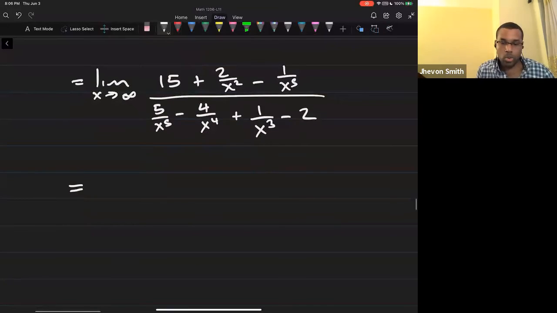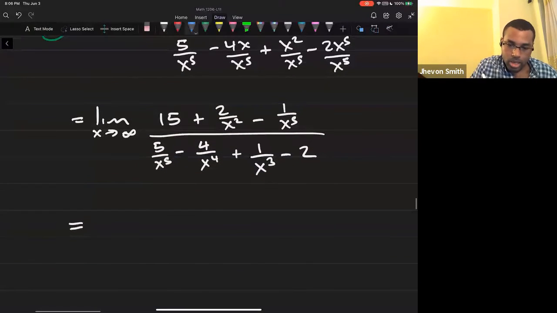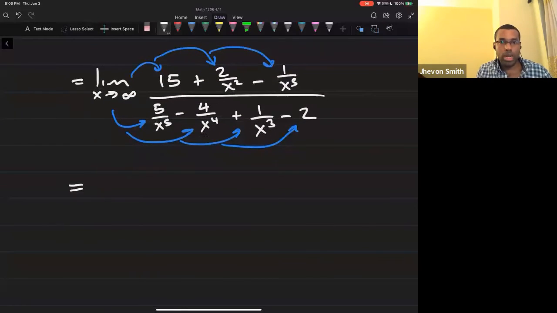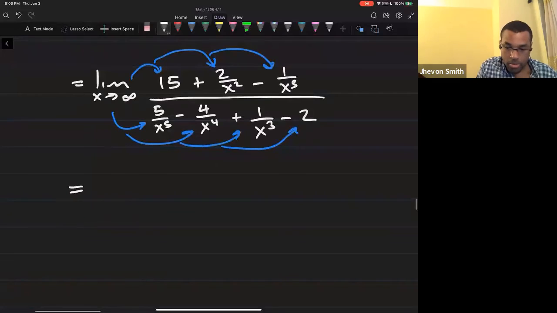So we can distribute this limit and just take the limit of each of these terms, and see what would happen. Now, the limit of 15 is just 15. But what would happen to 2 over x squared as x goes to infinity? What happens to 2 over x squared as x goes to infinity?